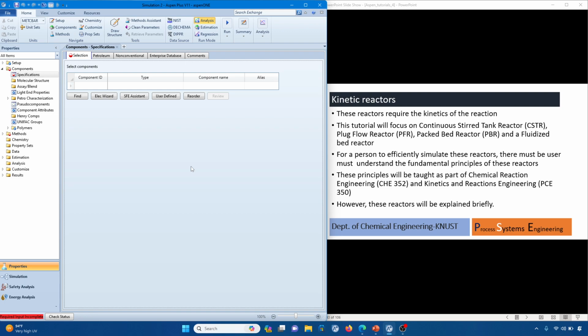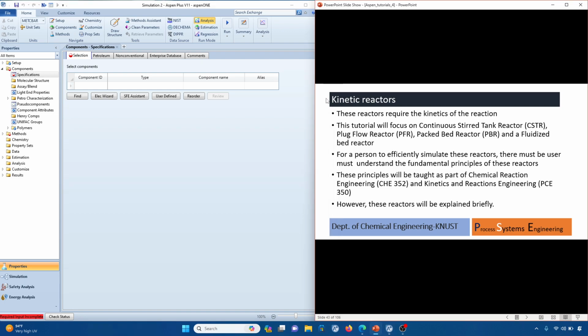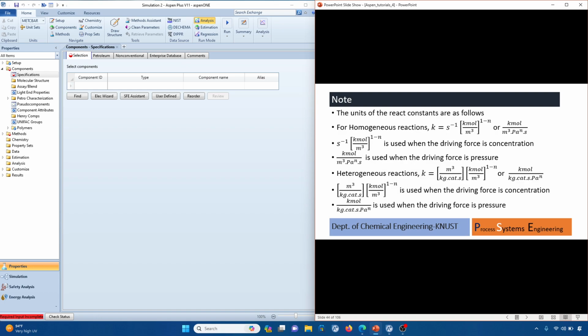So in order to use these reactors, you need specific details about the kinetics of the reaction. And the person must understand how these reactors operate, the fundamental principles of the reactors, to have a good idea of what to do and an understanding of what happens when you solve some of these problems.